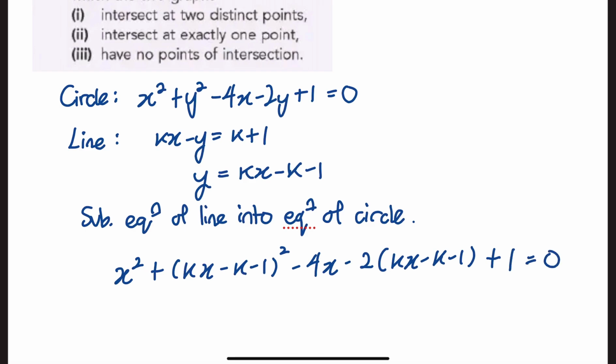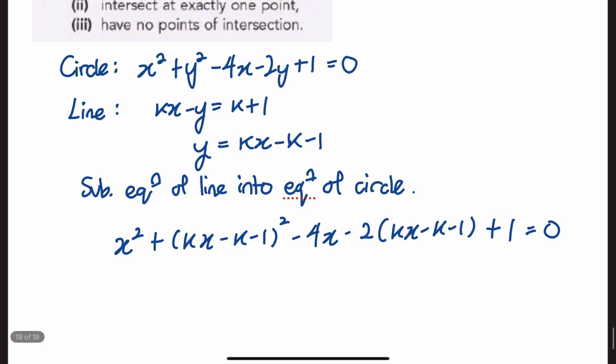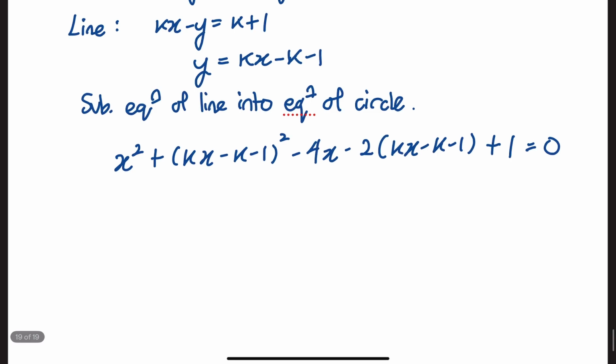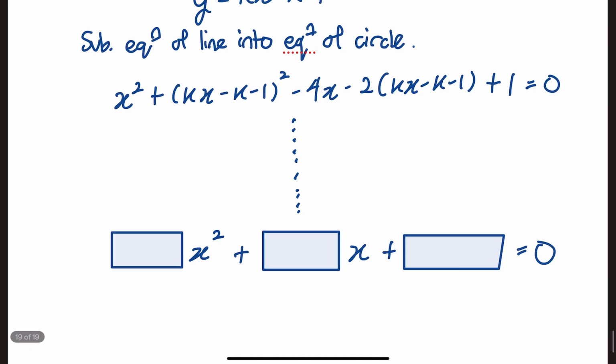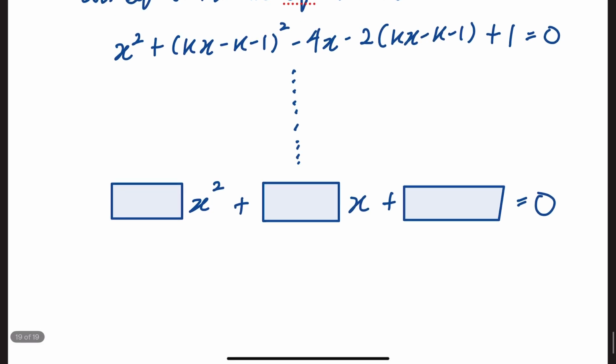This whole thing equals 0. Now I will expand and simplify everything such that I get a term which is something x squared, this is your ax squared, plus something x, plus another constant. So expand and simplify to get this resulting quadratic equation, whereby you combine all the x squared terms, and the constant terms.